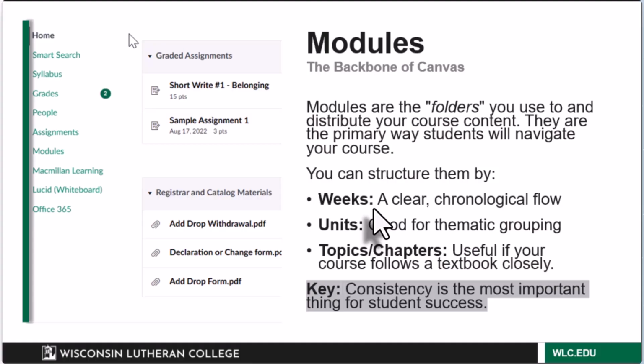Some people will use units in order to just group all of the materials and assignments by a single unit, and others will do this by topics or chapters, especially if they're following a textbook closely, like here is a module for chapter 1, chapter 2, chapter 3. You cannot nest modules inside of other modules, so each module is separate. But the module is what I consider to be the place that you are handing things out to students.